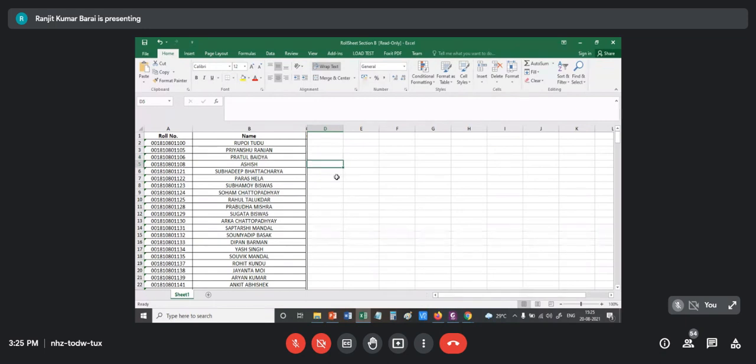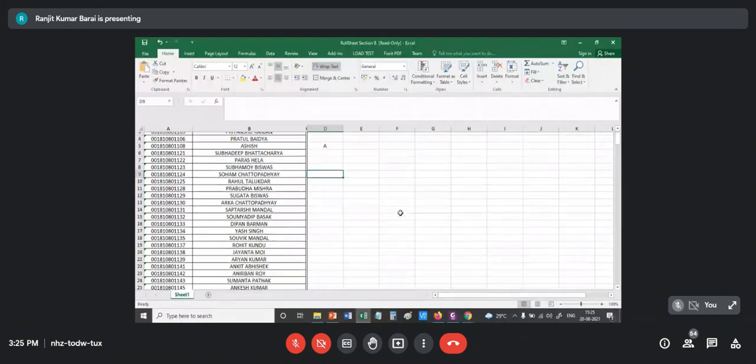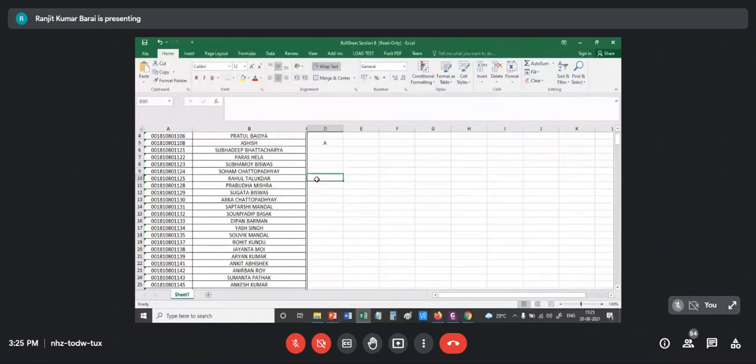Ashish, is he present or absent? Absent. Shubhadeep, present sir. Parosh, yes sir. Shubhamoy, present. Soham, yes sir. Rahul, present. Prabuddha, present. Sugato, yes sir.